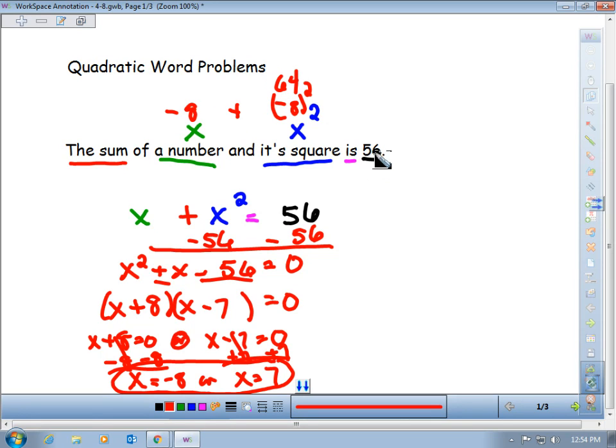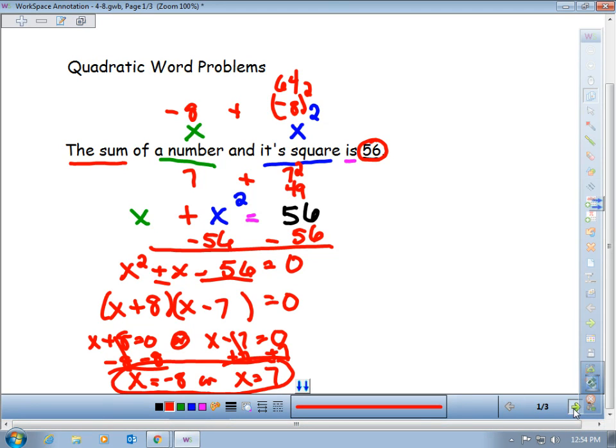Negative 8 plus 64, is that 56? I think so. And then 7 and its square, which would be 7 squared, 49, is 7 plus 49 56? Yeah, I think so. So I think that works for both of those. So negative 8 and 7 would be your solution here.